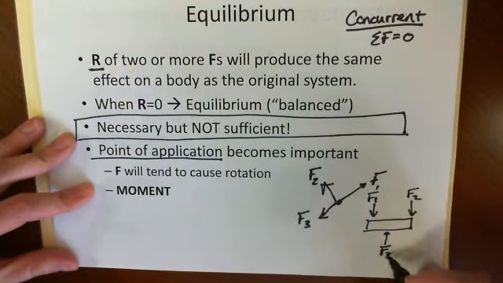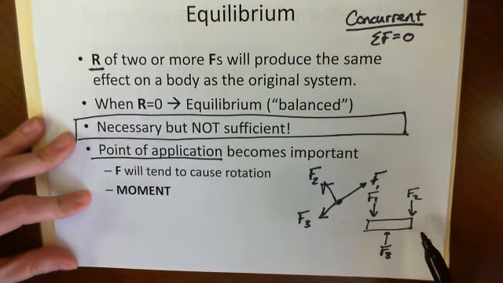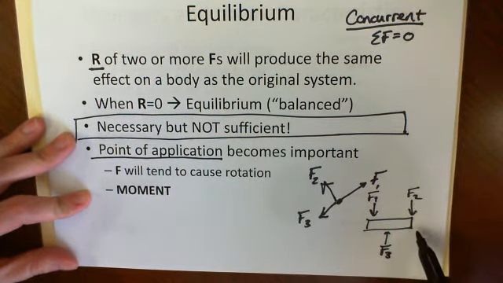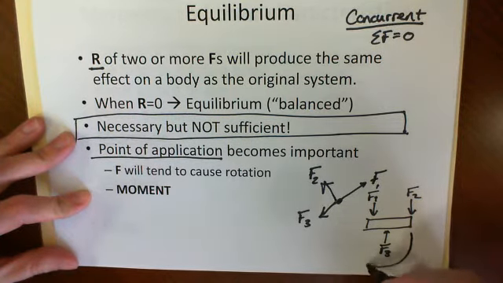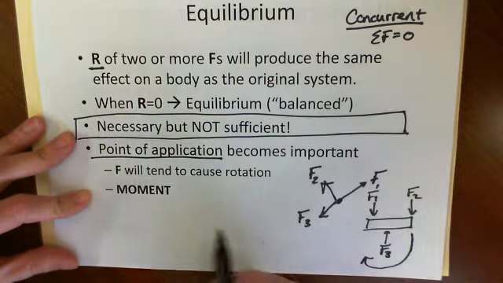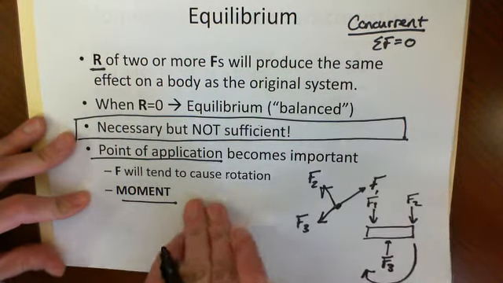Now the difference here is that these points of application are important because when we apply this force, for example, it will tend to cause a rotation of this member like this. This is called a moment. So the tendency of a force to cause rotation is a moment.